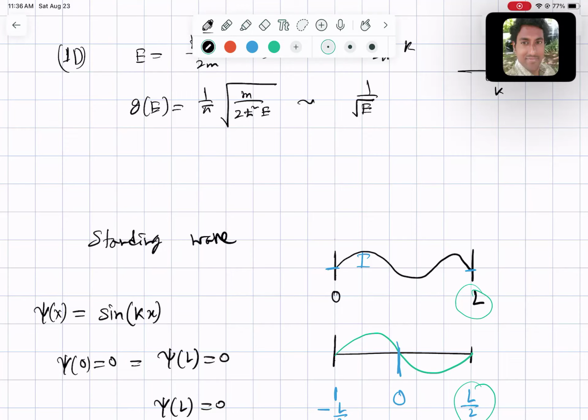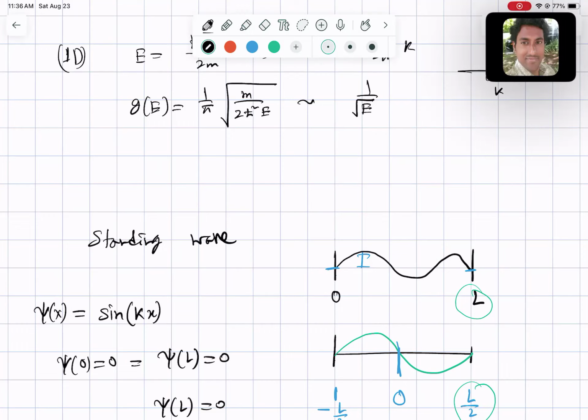Density of states. Where did I put that paper? Yeah, this is the paper.